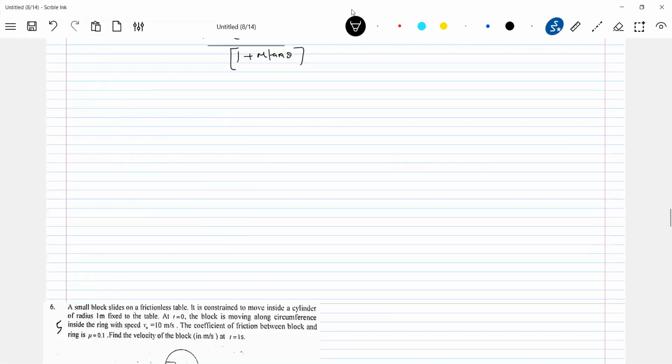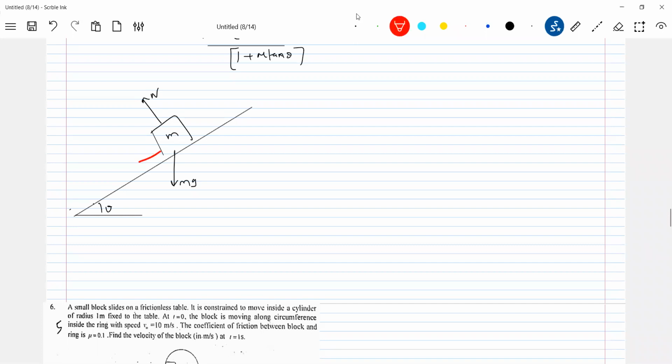So when it is taking a turn, here the friction will be in this direction. What about the pseudo force? The pseudo force, or centrifugal force, is m V max square by R. And what is that R? R should be somewhere here.